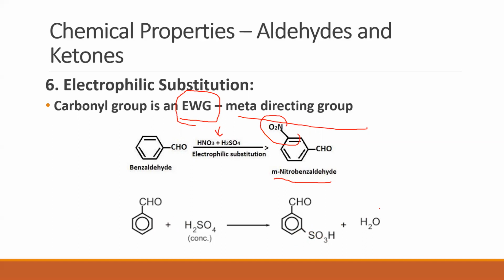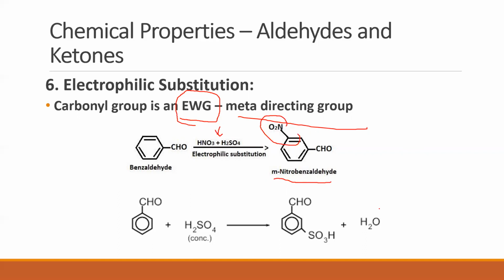Clear? Same thing is observed in Friedel-Crafts reaction, Friedel-Crafts alkylation and Friedel-Crafts acylation as well, where the products will be meta, and same thing is observed in halogenation as well. Halogenation is the other electrophilic substitution. The products will be at meta.